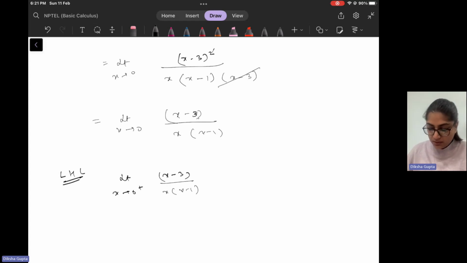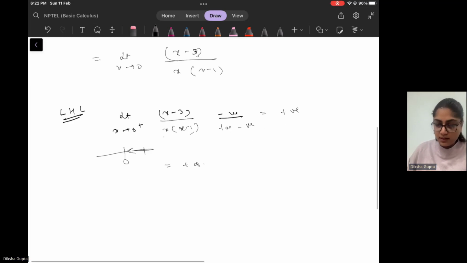So x tending to 0 plus means we approach 0 from the right hand side. When x is a little greater than 0, the numerator will be negative, x will be positive, and x minus 1 is negative since x is greater than 0 but still less than 1. So overall it will become positive, so it will go to plus infinity, right?